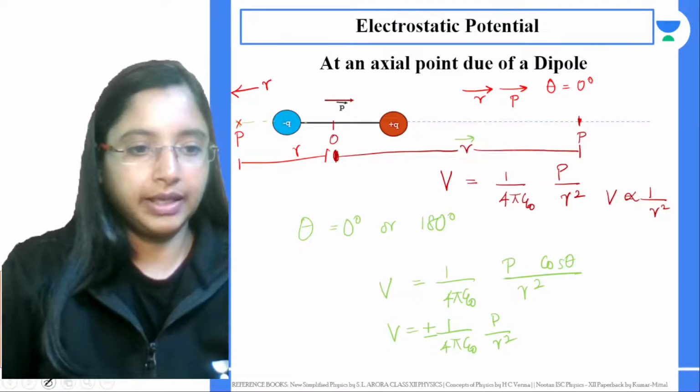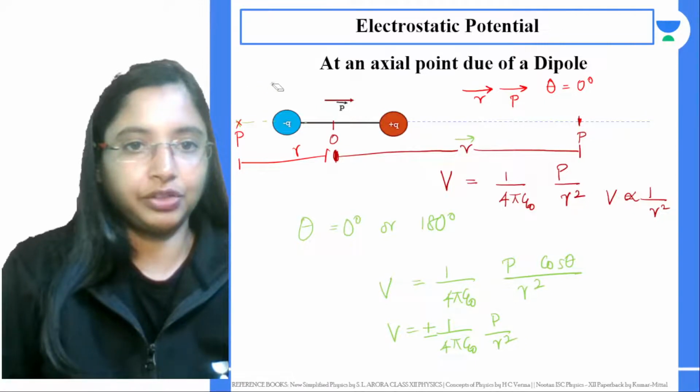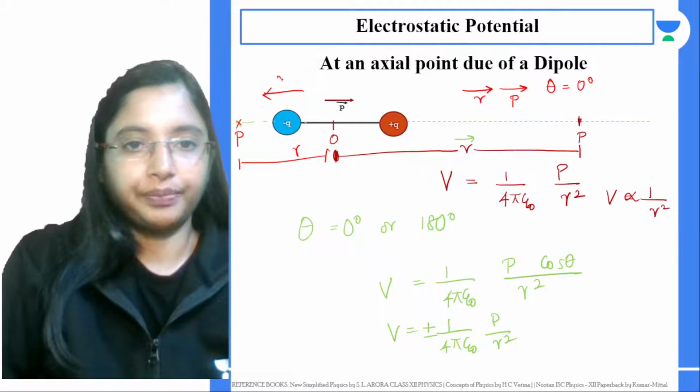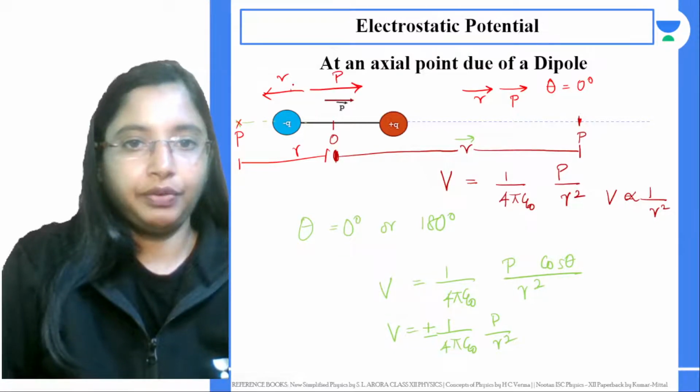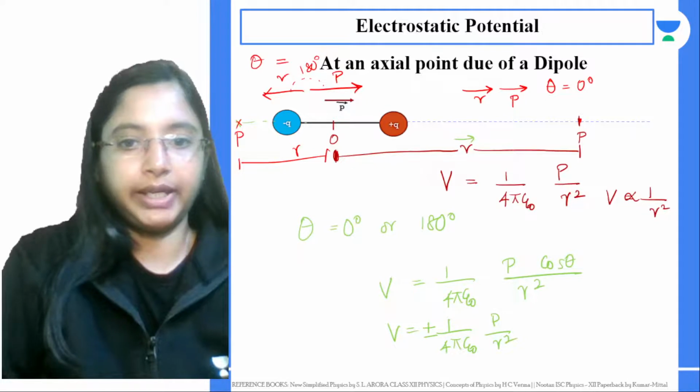The dipole moment is in this direction, this is P. Now if you see, the angle between them is 180 degrees, so theta equal to 180 degrees.